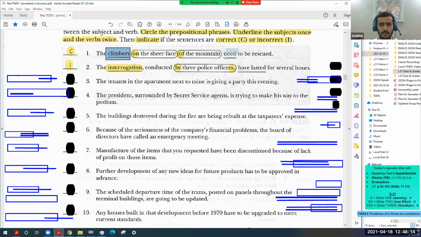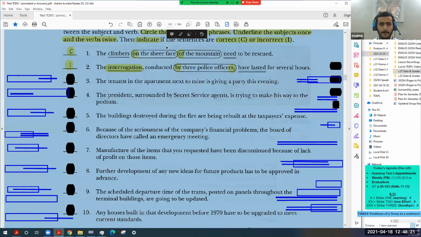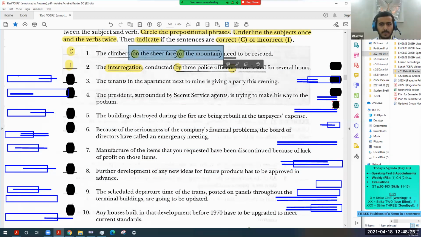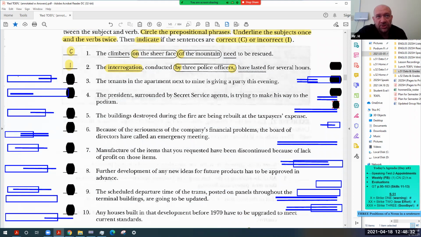Need. Good. Do they match? Yes, they match. And what's in the middle? The prepositional phrases, two phrases, right? Sometimes people see the mountain and think, oh, it's singular, and then they put an S. That's how you lose marks in the TOEFL, gentlemen.